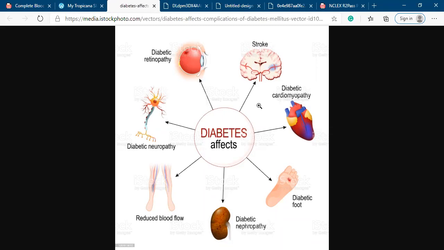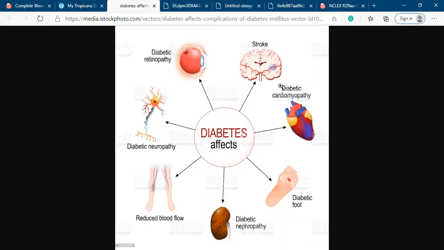So blood sugar level always we have to keep in the normal range. Otherwise, uncontrolled diabetes mellitus eats the eye and causes retinopathy. It is very dangerous for your nervous system and develops diabetic neuropathy, right? And it really bites your heart and causes cardiomyopathy.